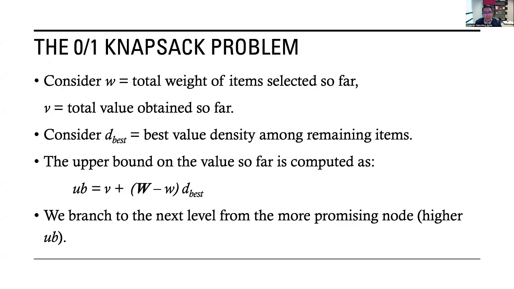So W, we said, is going to be the total weight of the items that we have selected so far. Every time we choose to put one object into the knapsack, we will add to the former value of W the weight of the item that we are including.